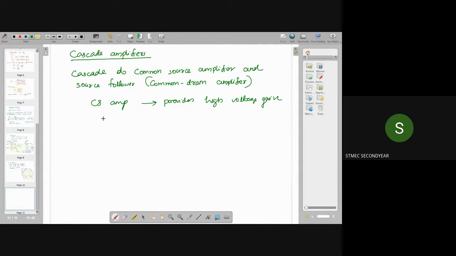And this source follower or common drain configuration, source follower will have a low output impedance. Okay.